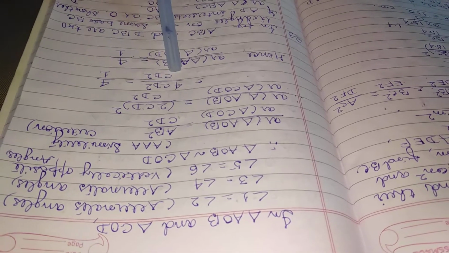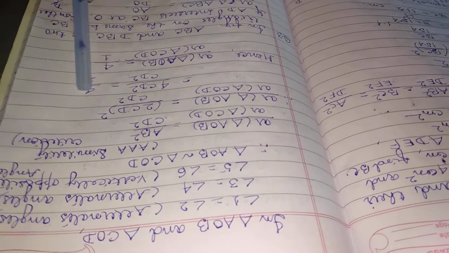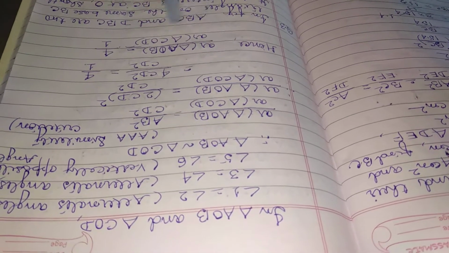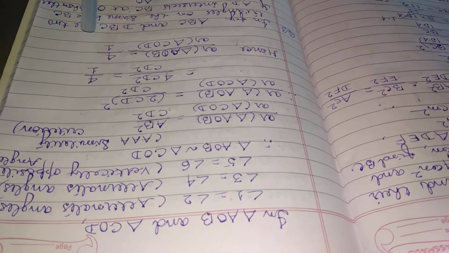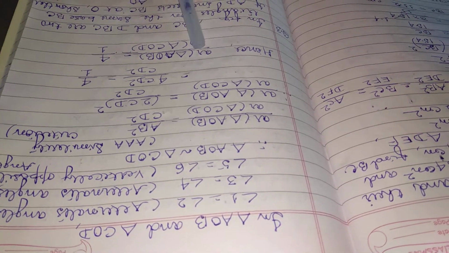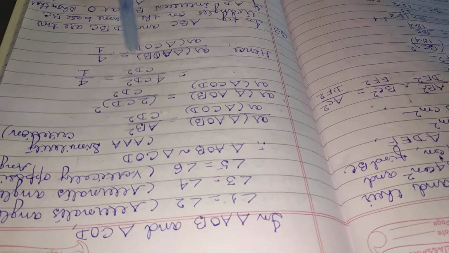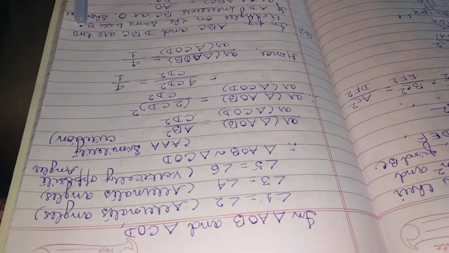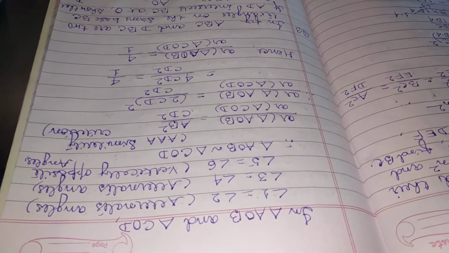CD square will be cancelled. It gives 4 by 1. Hence, area of triangle AOB divided by area of COD is equal to 4 by 1. So the ratio of area of triangle AOB to area of triangle COD is equal to 4 to 1. You got the answer. Okay.